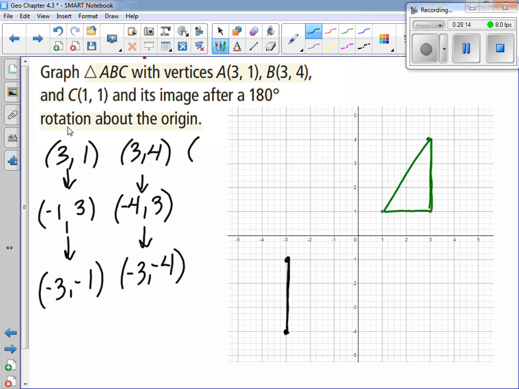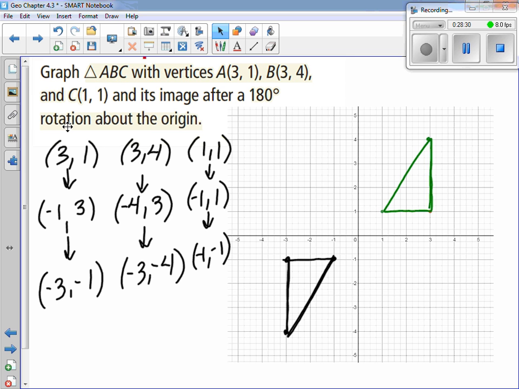Last point, 1, 1. Well, that would become negative 1, 1, which would become negative 1, negative 1. Any questions on any of this here?